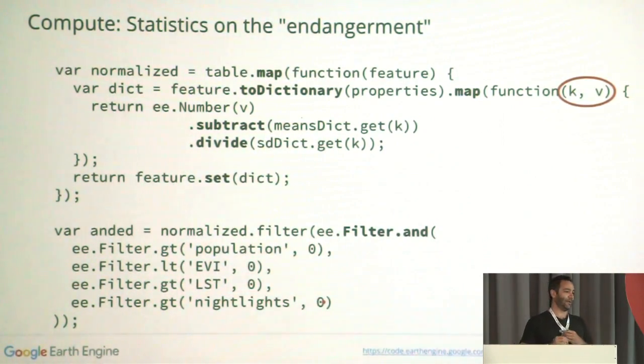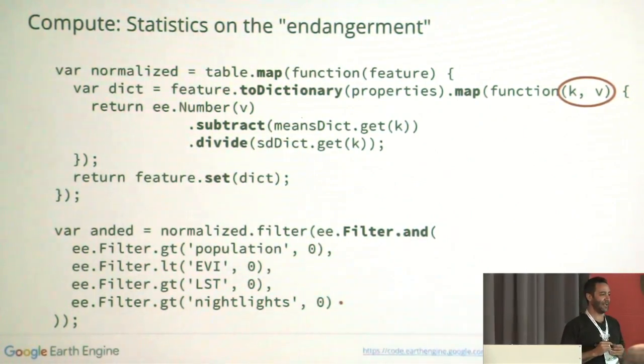Now, finally, the punchline of this whole example is which ecoregions have experienced higher than average population increase, less than average vegetation change, greater than average land surface temperature increase, and greater than average nighttime lights increase.